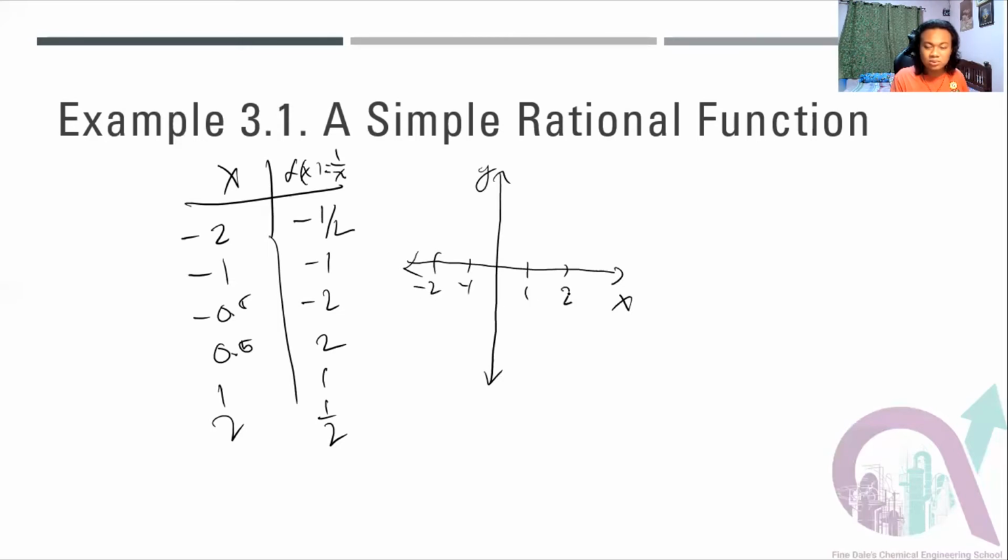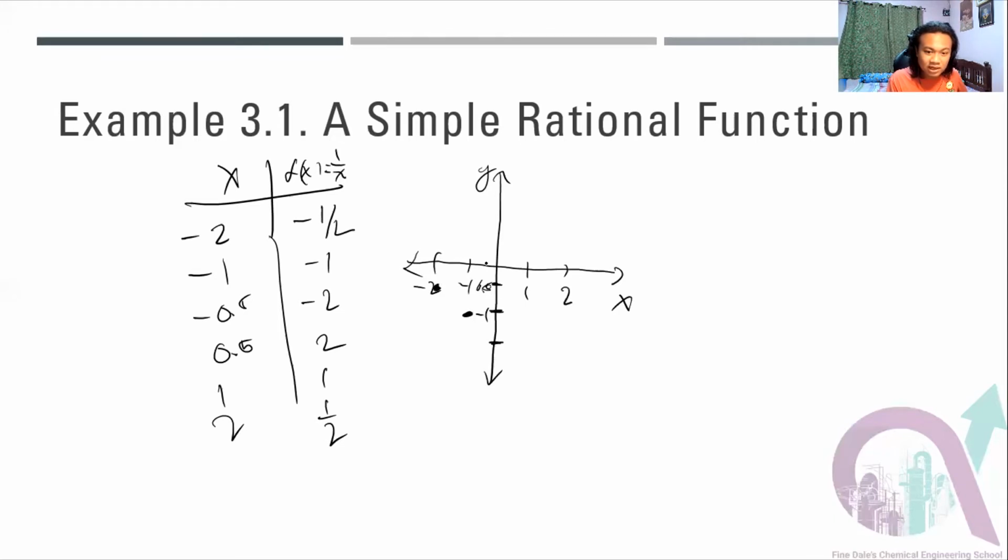Okay, so sa negative 2, ang value ay negative 0.5. Sa negative 1, negative 1 din. Sa negative 0.5, negative 2 na.